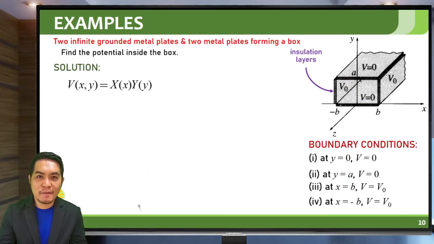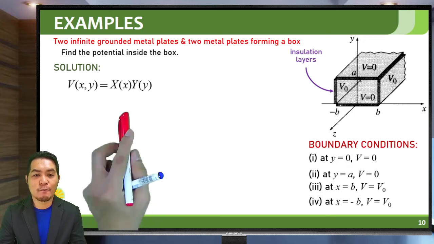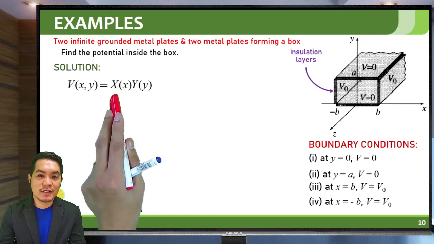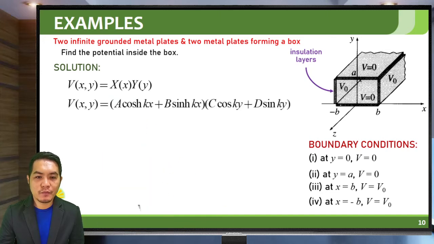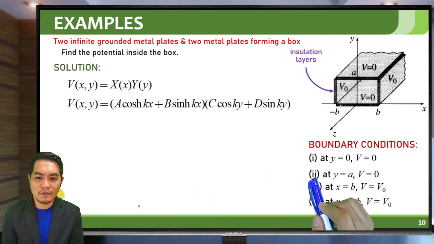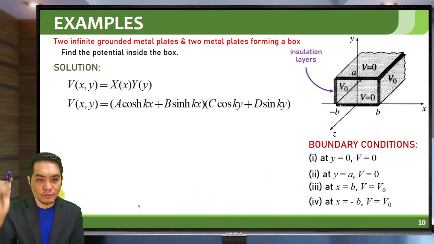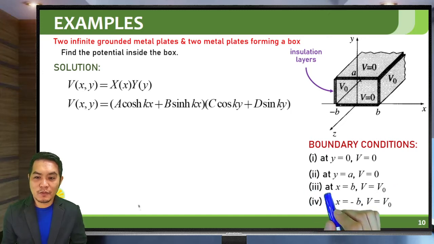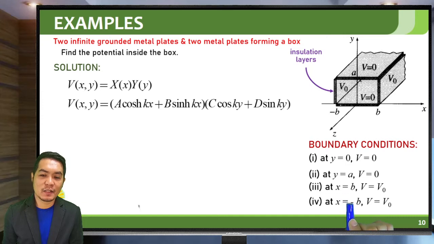So you have the same separable solution. The potential is only a function of x and y, meaning it's a multiplication of two functions, X and Y. Okay, we choose the hyperbolic cosine for x because there's no 0 for x. When x is equal to b or x is equal to negative b, the potential doesn't go to 0.